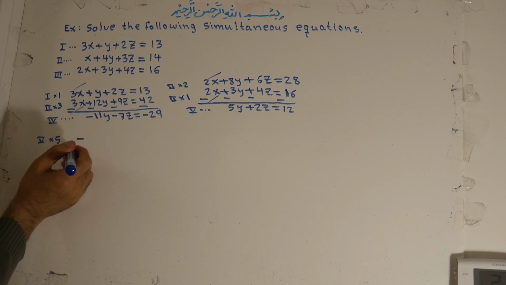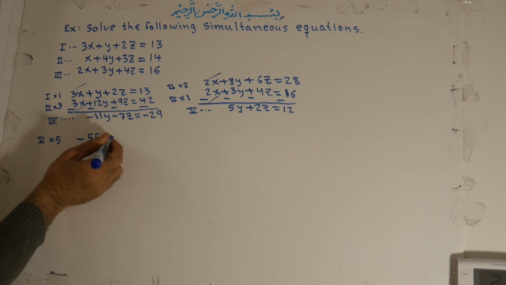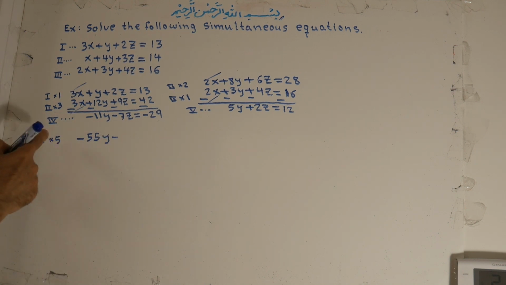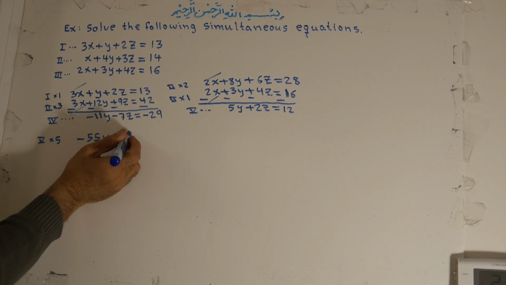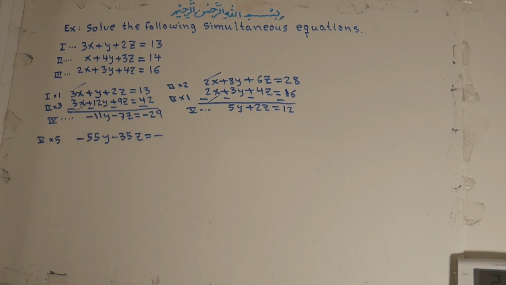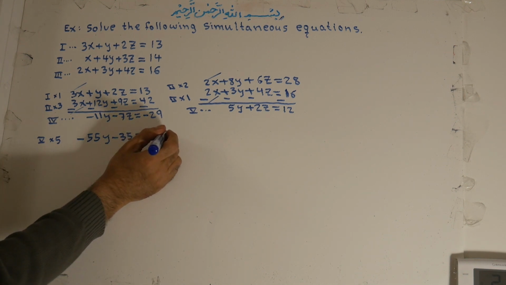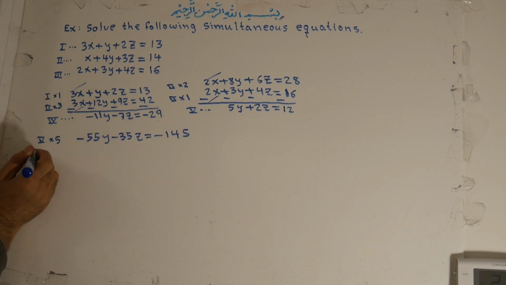Negative 5 times 11 is 55, y, negative 5 times 7 is 35, z, is equal to negative 5 times 9 is 145.